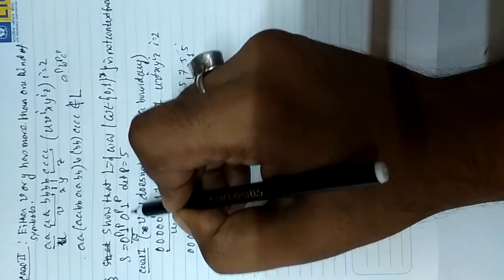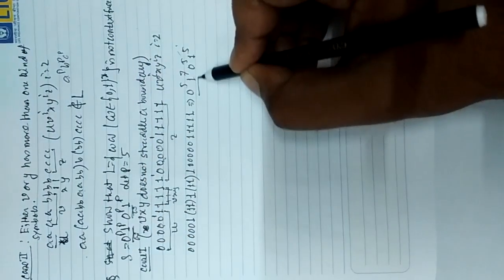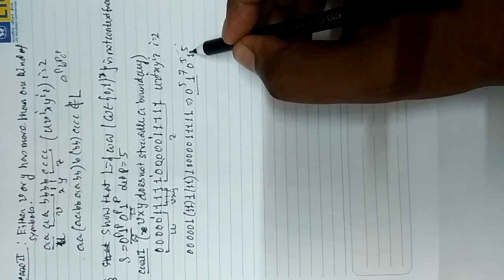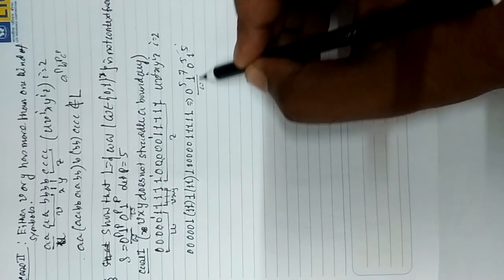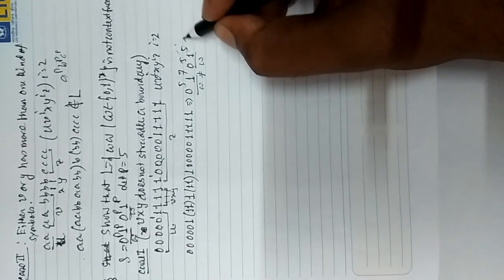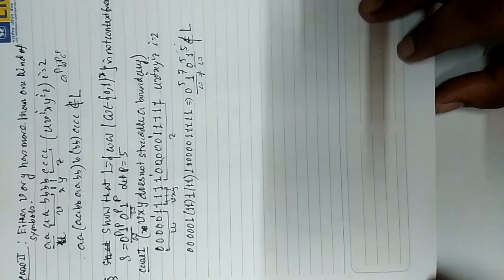Initially this was W, this was W. But now this W is 0 to the 5, 1 to the power 7, and this is 0 to the 5, 1 to the power 5. So this W does not match with this W, so it does not belong to L. So this is case 1, that is, XYZ does not straddle a boundary.